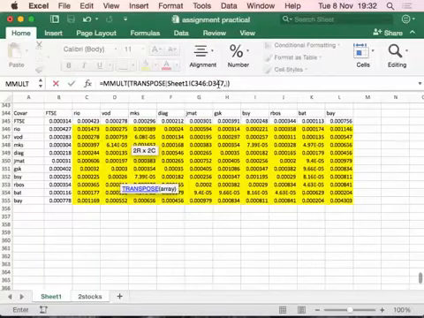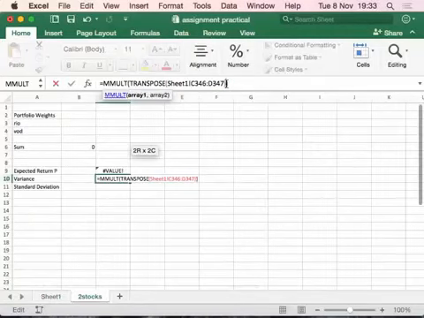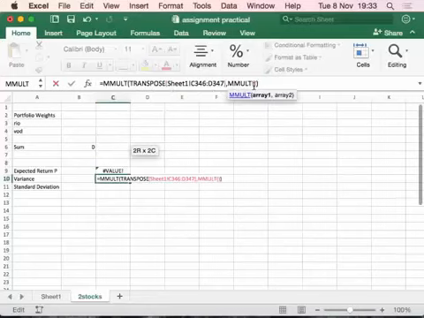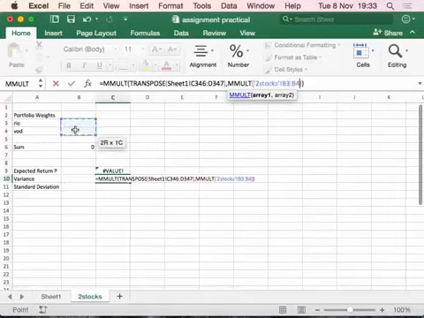Comma. Not in this one. It should be right here. Comma. Then another matrix multiplication. This is now the multiplication of the weights, these ones, times the variance-covariance matrix.